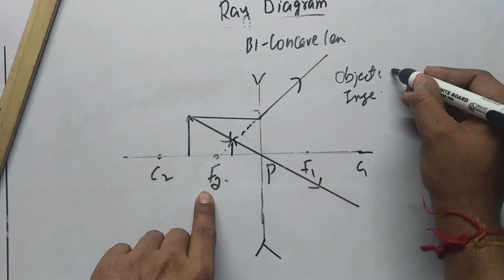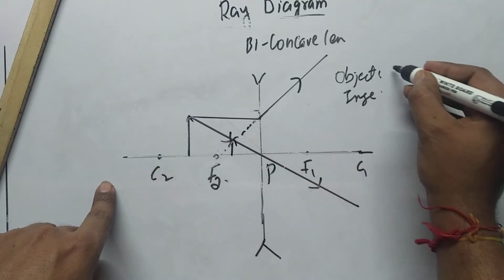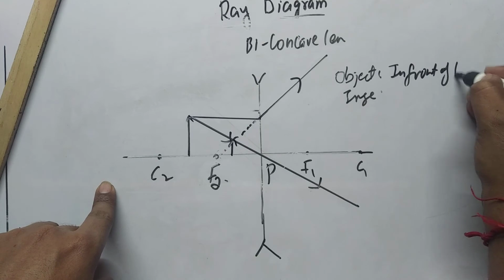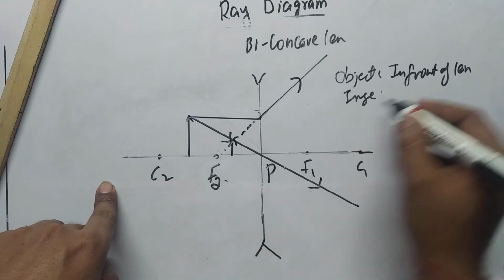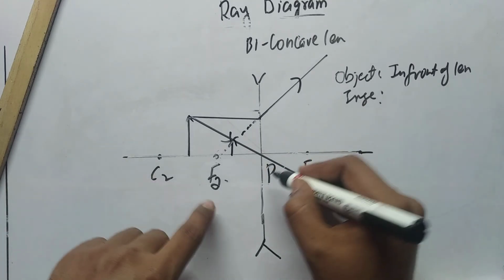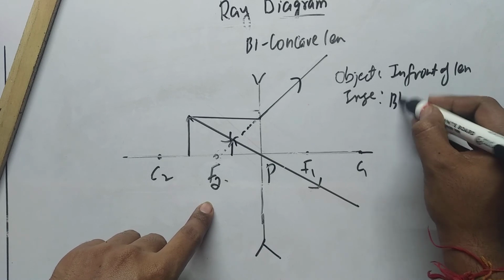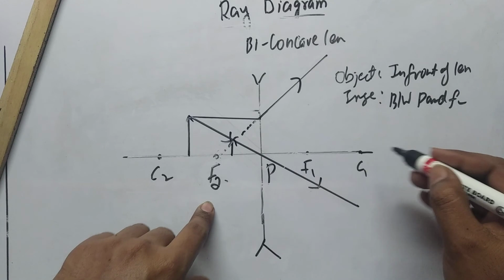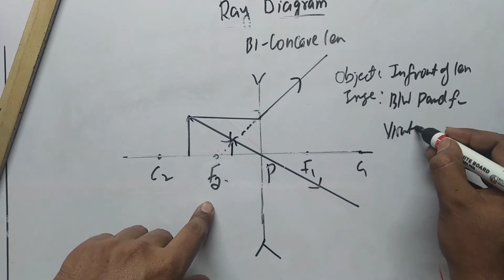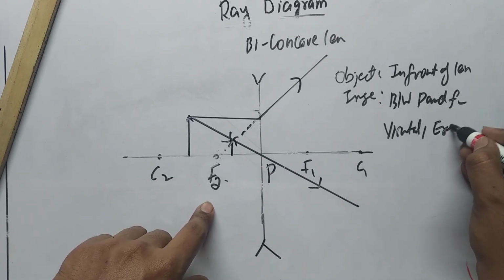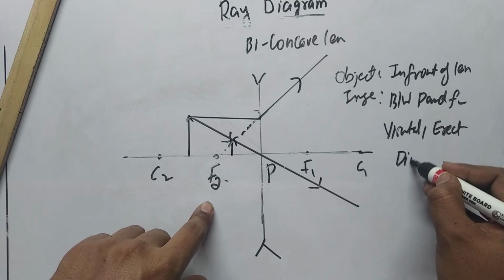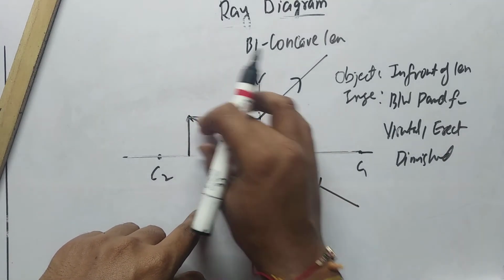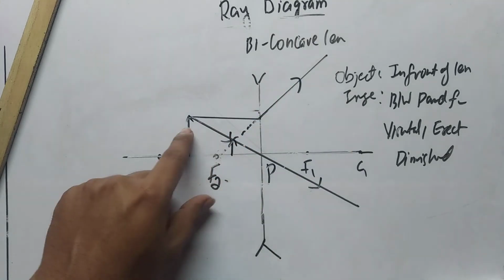When the object is in front of the lens, the image will always be formed between optic center and focal point. The characteristics will be virtual, erect, and diminished. You can see here the size of the object is greater than the image. The image is small, the object is big.